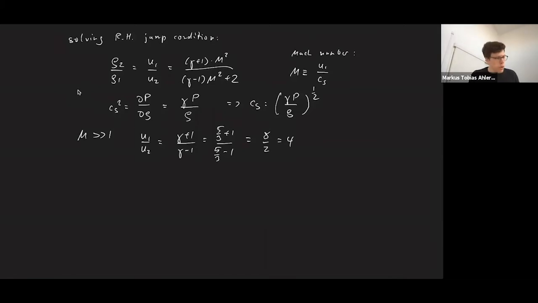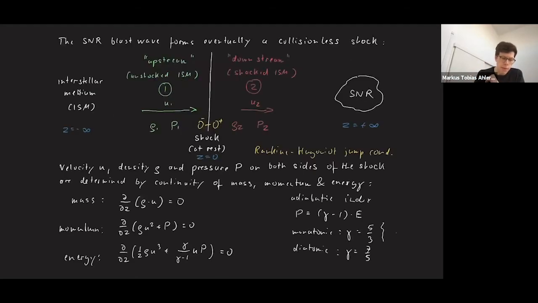Okay, so we are now trying to derive the accelerated spectrum in this setup where we have a planar shock. So a setup like this here, we have a planar shock, which is located at z equals 0. And we assume that we basically have an infinite system.